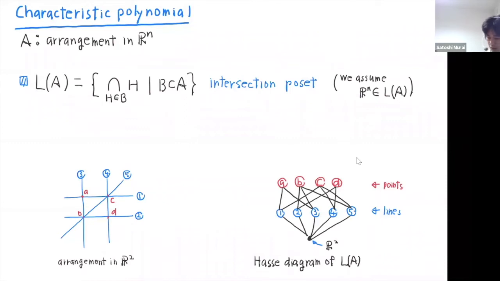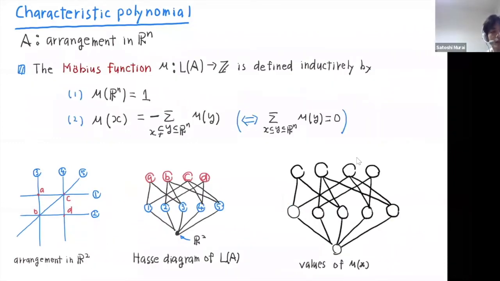Okay, so next let me define the Möbius function. I actually just defined the simplified version of the Möbius function. I want to define that the Möbius function is a function from the intersection poset to the set of integers. It is defined somewhat inductively. First, the Möbius function of the bottom element, which is equal to the whole space, is equal to 1.